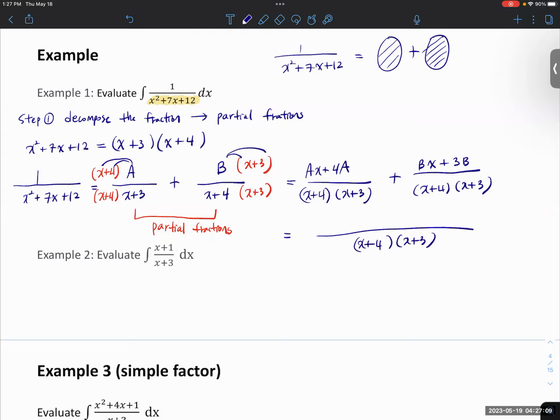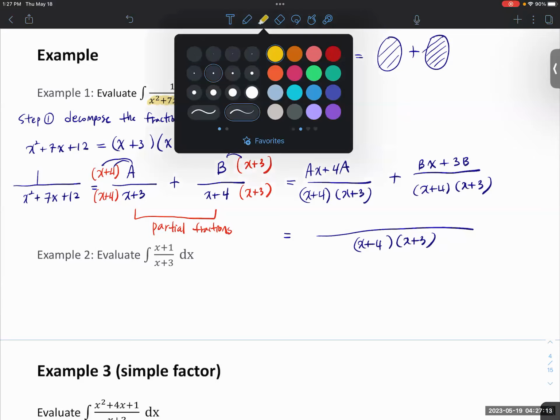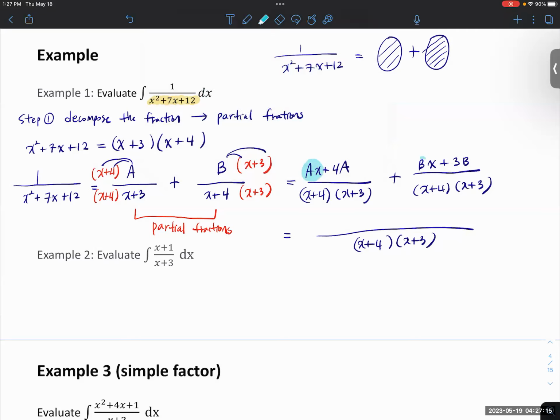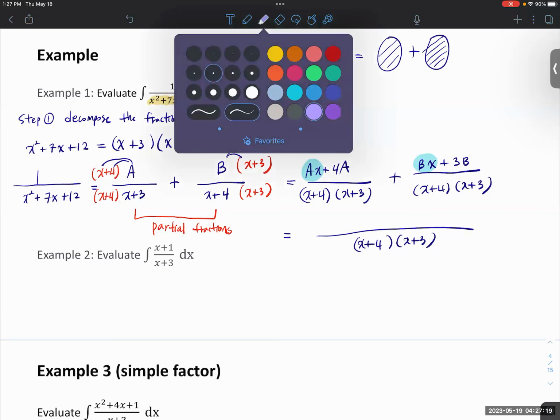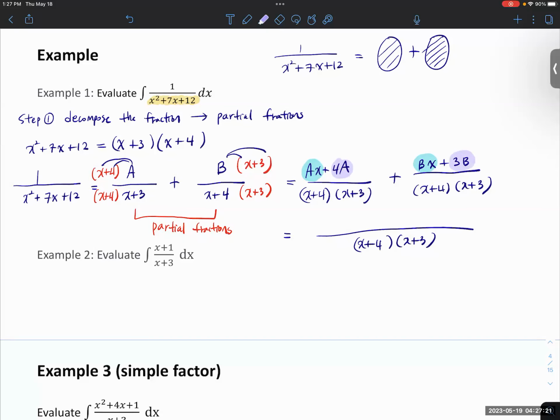So Ax and Bx are the same family, right? Ax plus Bx are the same family with the x. And 4A and 3B are going to be the same family, like constant terms.